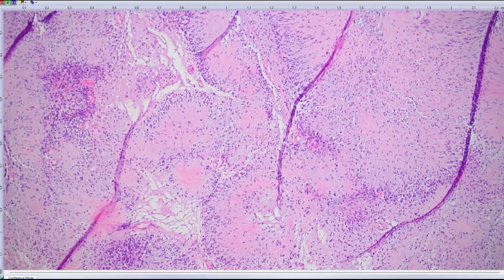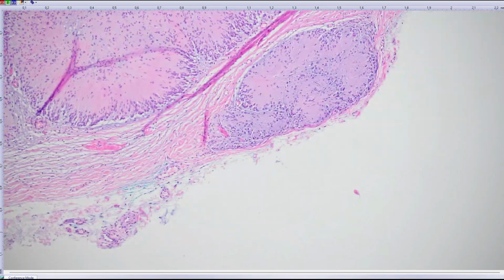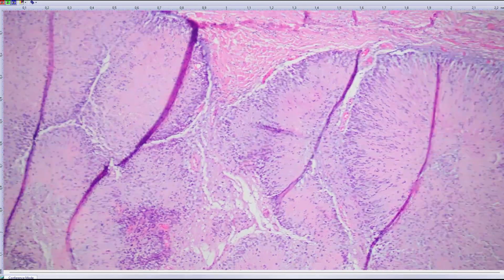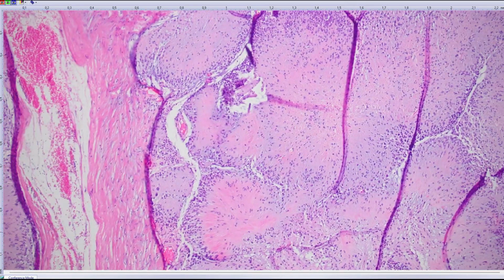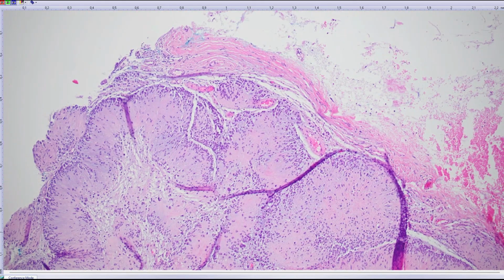And I think this type of lesion is S100 protein positive, SOX10 positive. I'm pretty sure that this is an entity. It falls into the group of epithelioid schwannomas, but I'm pretty sure that this is an entity.